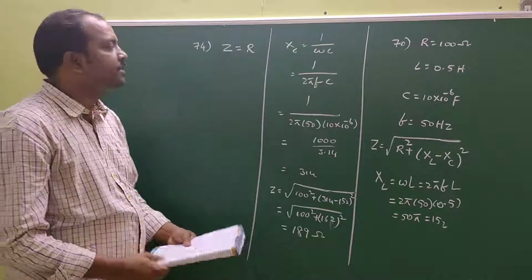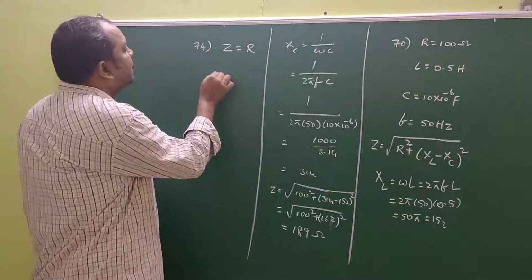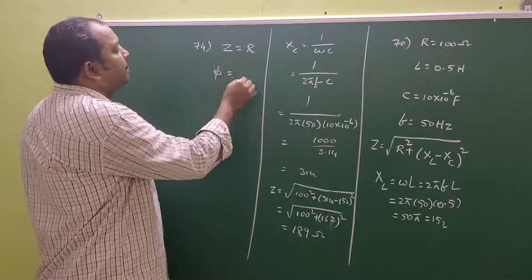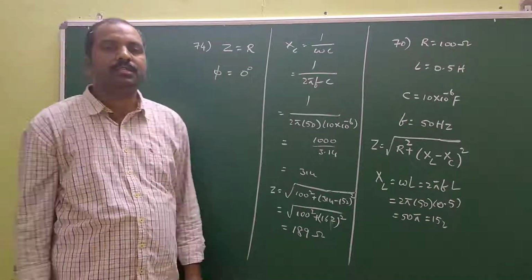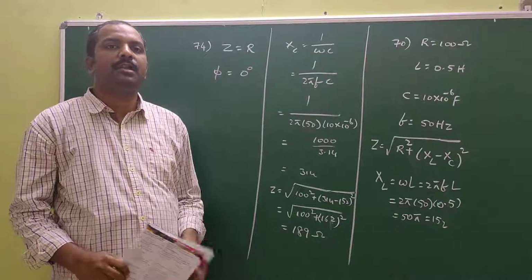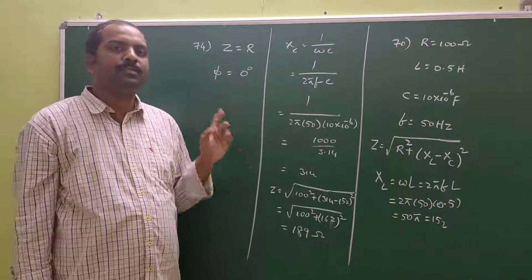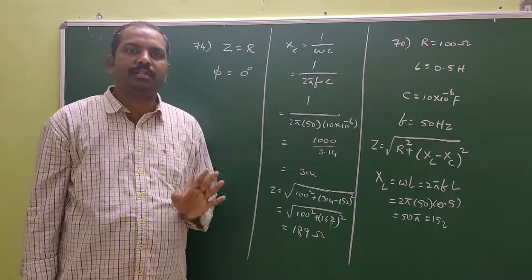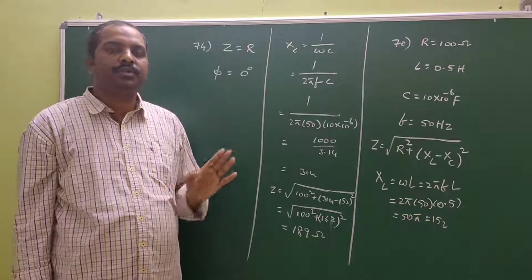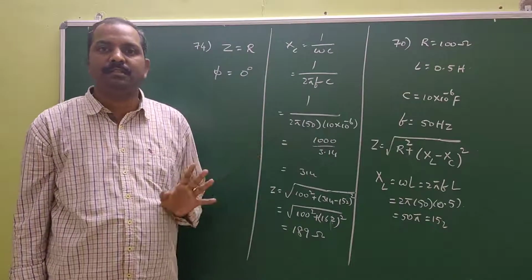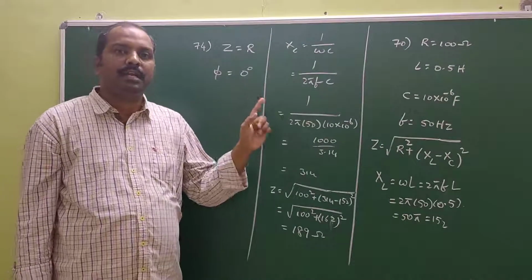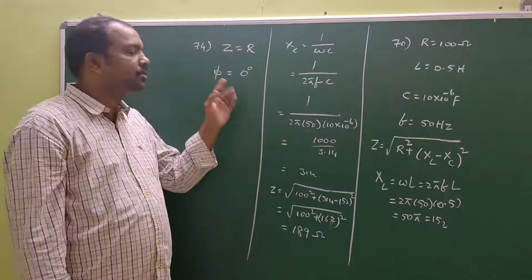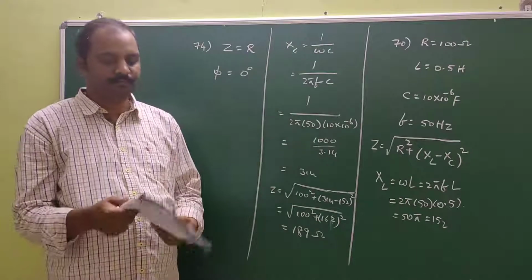So the phase difference between current and applied potential is equal to 0.